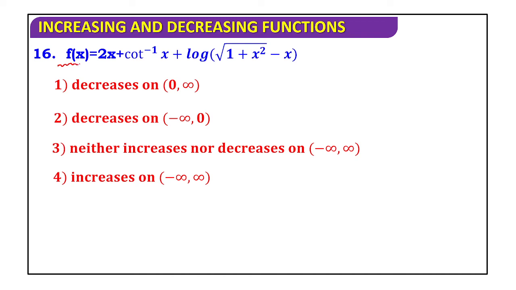f of x is given as 2x plus cot inverse x plus log of root of 1 plus x square minus x. Option 1 is decreases on 0 comma infinity, decreases on minus infinity comma 0, neither increases nor decreases on minus infinity comma infinity, increases on minus infinity comma infinity.